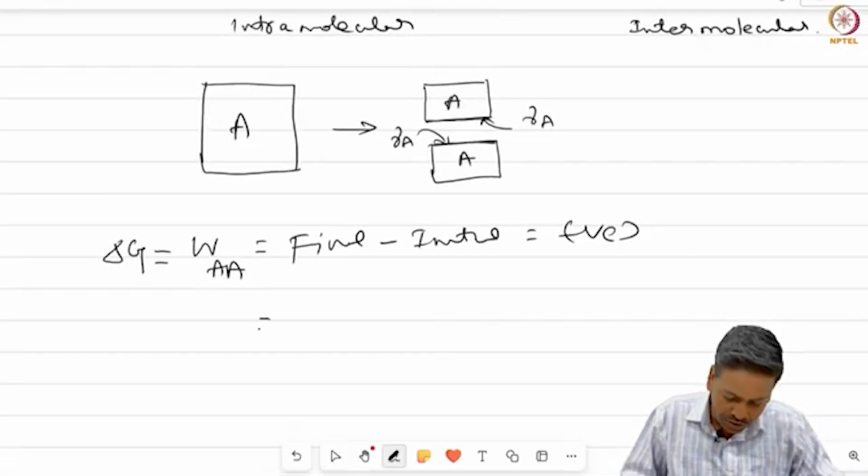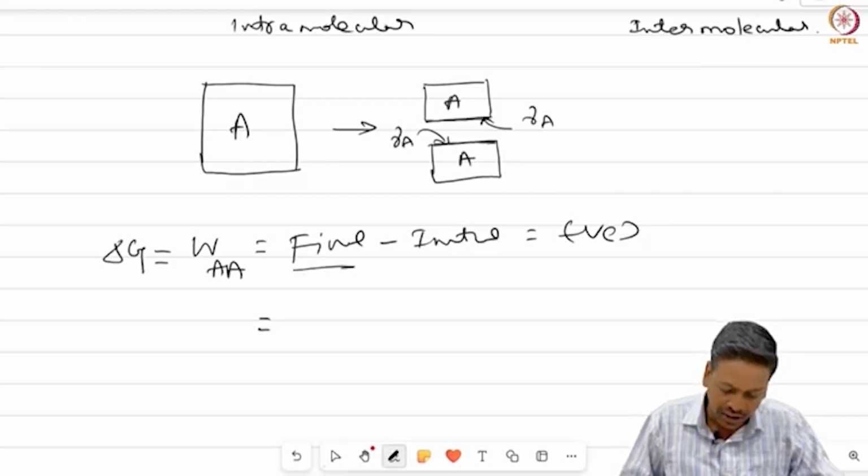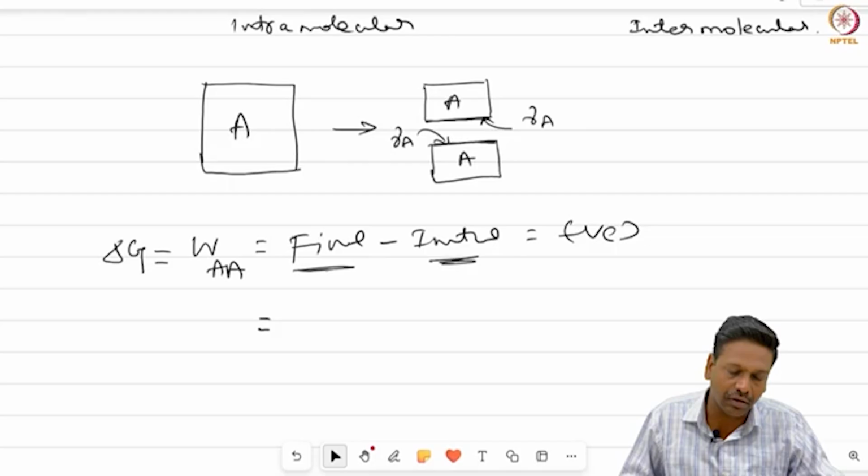So we need to know the energy at the final configuration, the energy at the initial configuration, and the energy we spent to arrive at the final. These things should be clear.